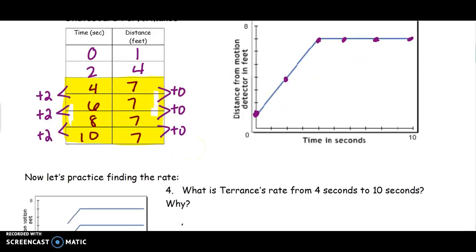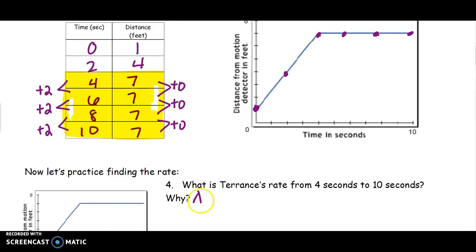When we find the rate, we do change in y over change in x. In this example, it's the change in distance he has traveled over the change in time. That little triangle represents the word change.